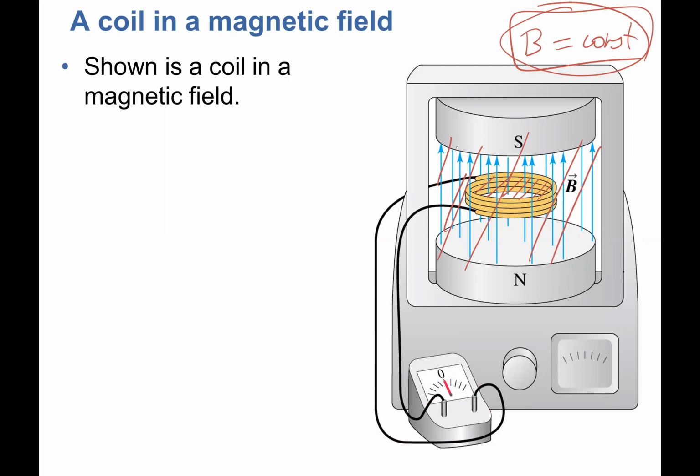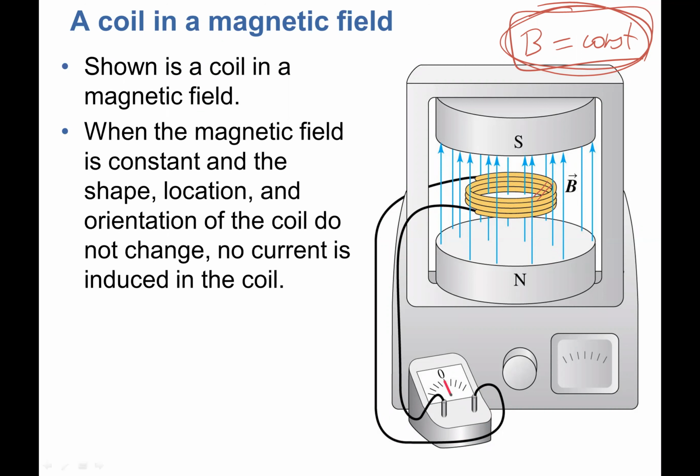But what we can do here is we can still induce current. Even though the magnetic field is constant, you can induce current by changing the shape or orientation of the primary coil relative to the magnetic field.